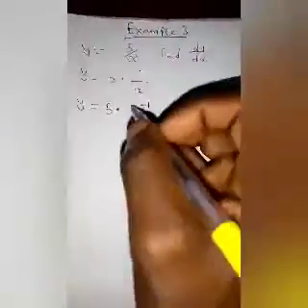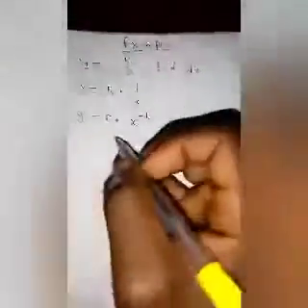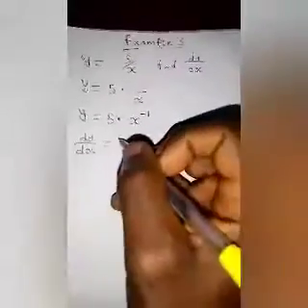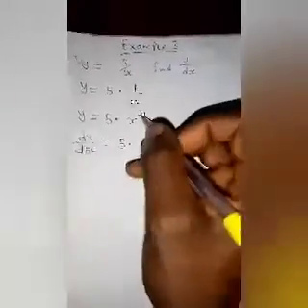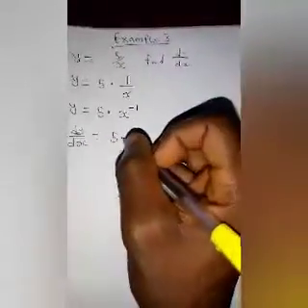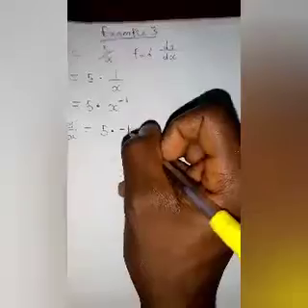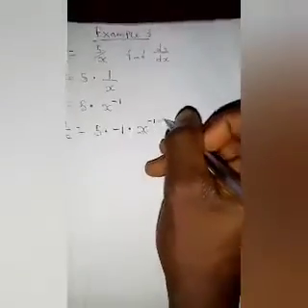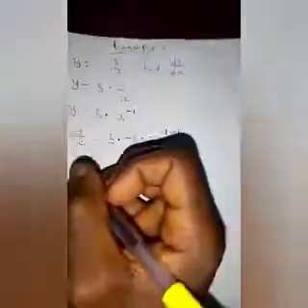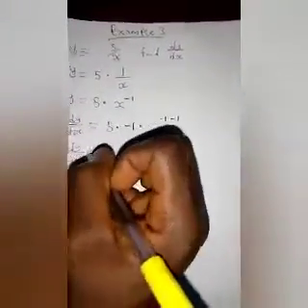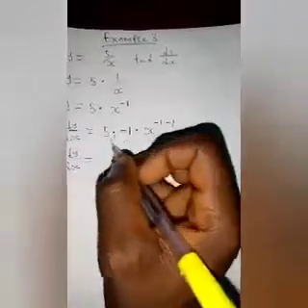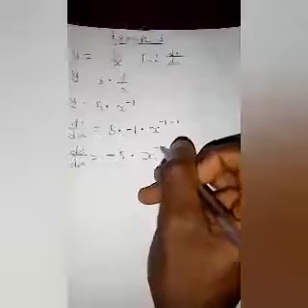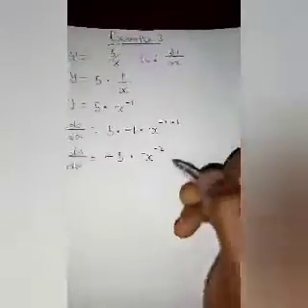So from here we differentiate. When we differentiate with respect to x, dy over dx will equal 5 times the minus 1, which is the power, multiplied by the function, then we subtract 1 from the power. So dy over dx will equal minus 5 times x to the power of minus 2, since minus 1 minus 1 is minus 2.